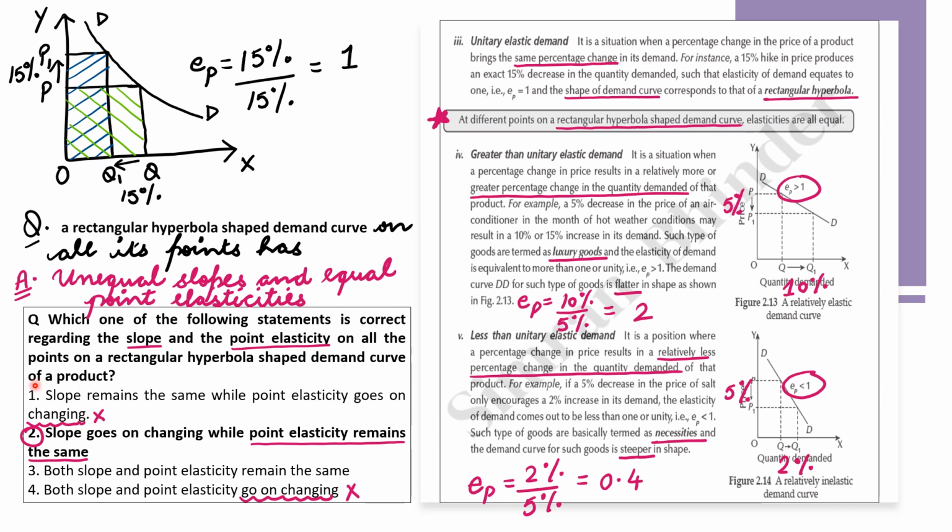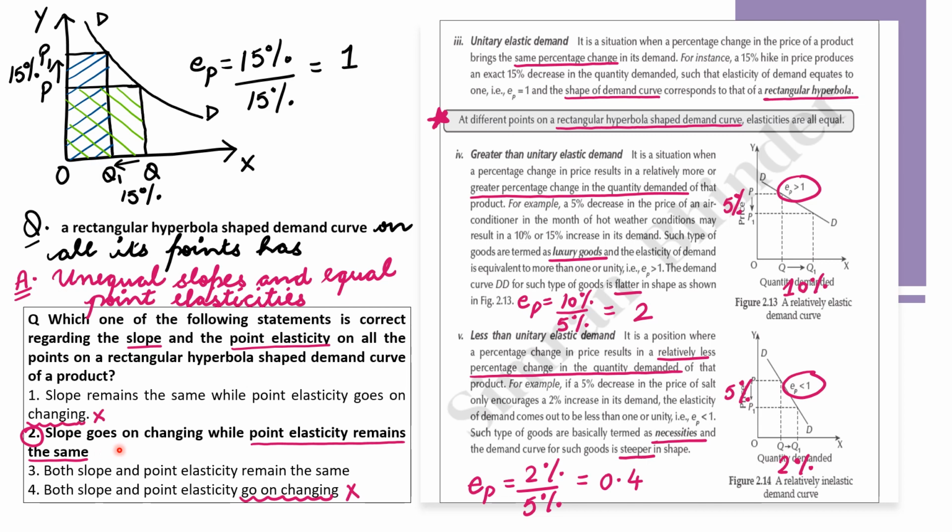So from the options, try to understand. In the first option, it's given point elasticity goes on changing. No, this is not the answer. What you have learned in your content is that elasticities are all equal, right? Second point is slope goes on changing, while point elasticity remains the same. This is the answer to this question.